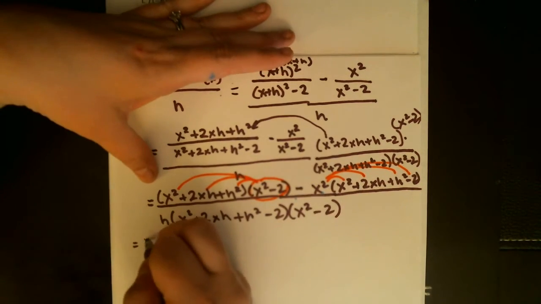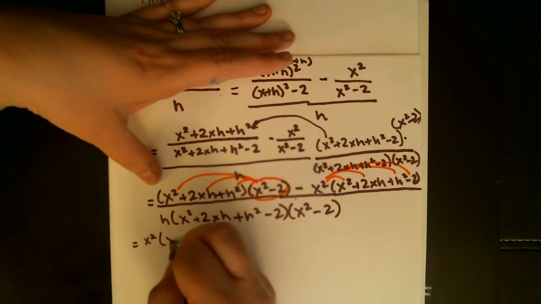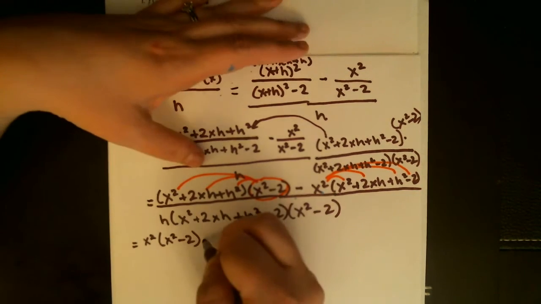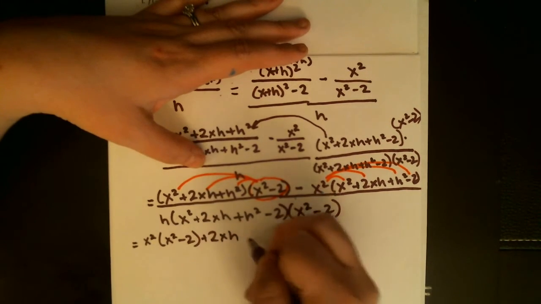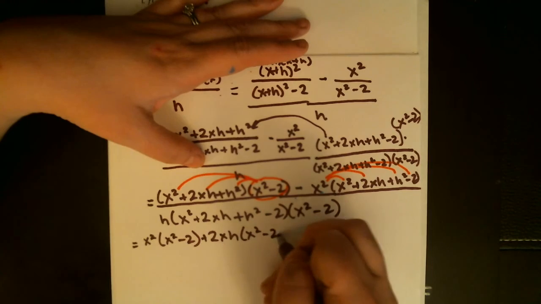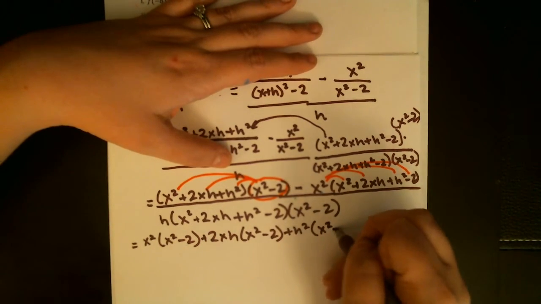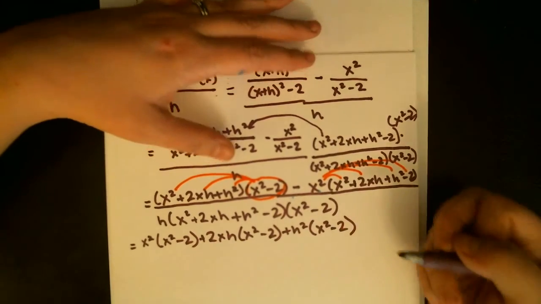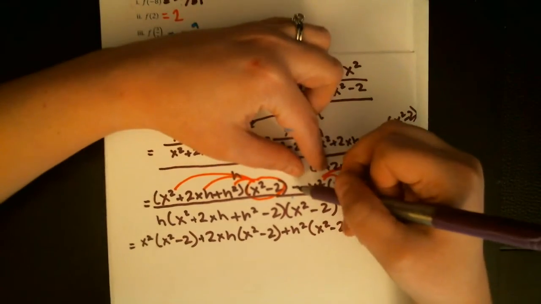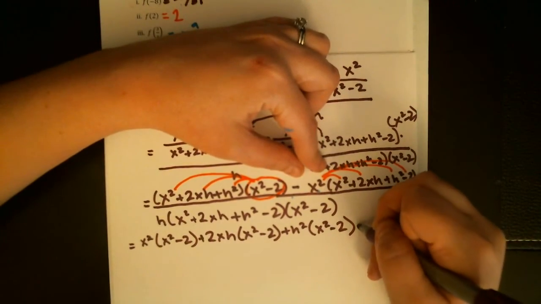So the first one, I'm going to have an x squared times an x squared minus 2. I'm going to have a 2xh times an x squared minus 2. And I'm going to have an h squared times an x squared minus 2. And then I'm going to distribute a minus x squared, so it's not going to fit.